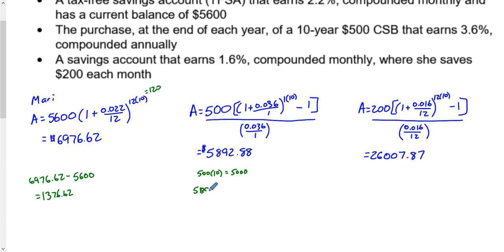So the 5892.88, and the difference with that $5,000 works out as $892.88.